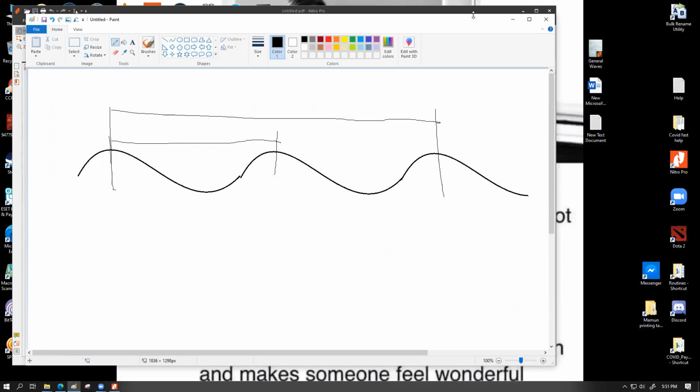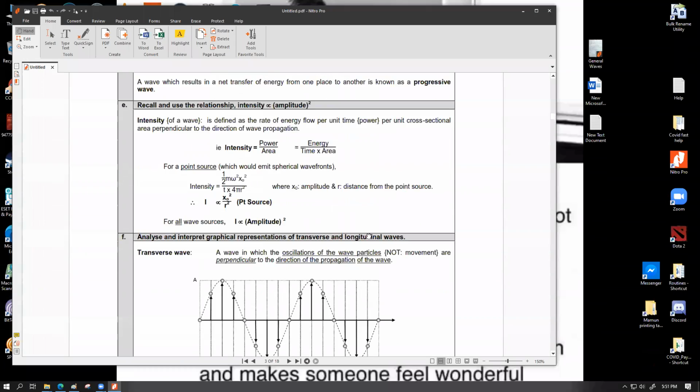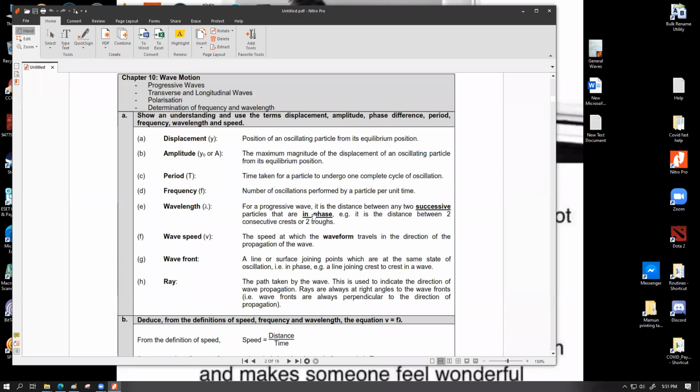That's the first thing. The second thing that I would like you to take note of is that they have used a new term: two successive particles that are in phase. Phase was a physical property which was part of the definition in your O levels waves discussion, but it was never highlighted enough, because the concept of phase, or the idea of phase, is a bit, what can I say, detailed.